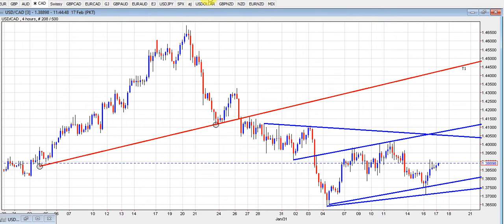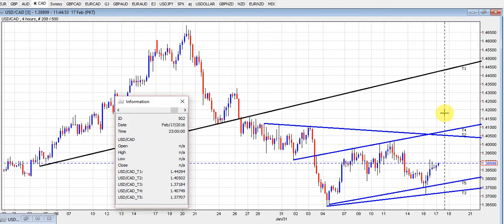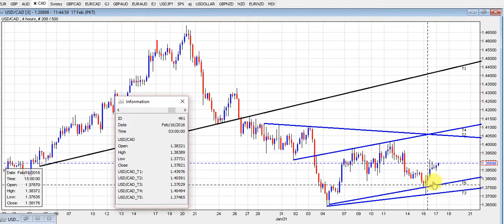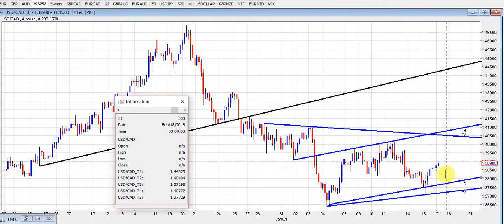So it'll be hard fought to get an entry into it, but anything coming down towards my T5, which is about 37.70ish, or even if I'm aggressive in my mode, anything towards these lows about 38.00, I can look in for buys, with the initial target being 40.50, and an extended target for the FOMC coming down at about 40.70, 40.80ish. On a short-term scale from 40.80ish, one can attempt to go in short for 40, 50 odd pips.